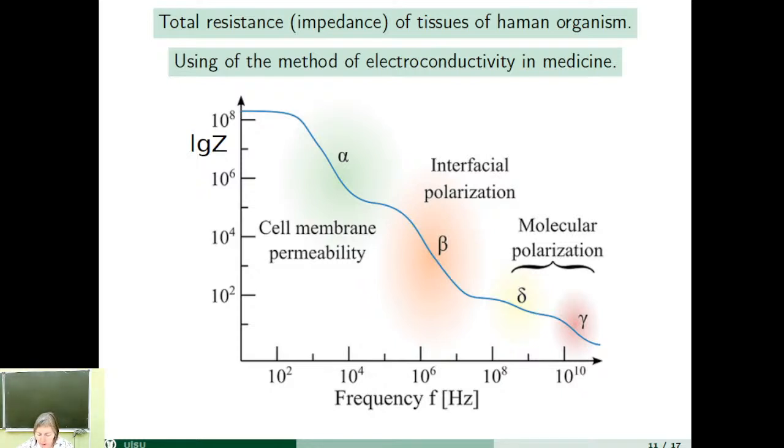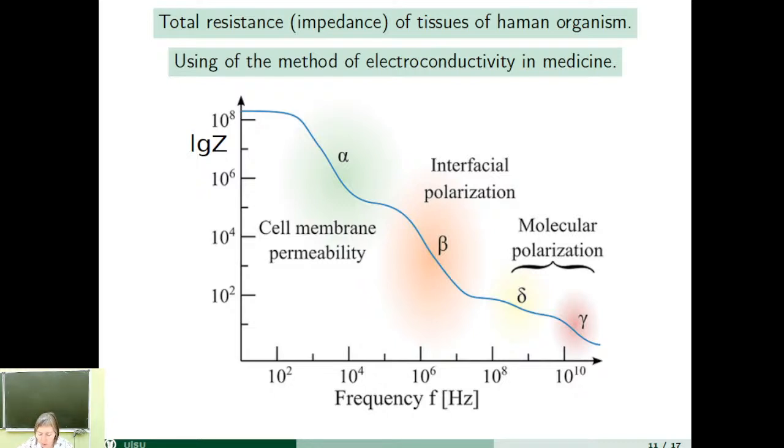First, a smoothly varying decrease of impedance with increase of frequency, and second, the presence of three areas of frequencies in which the deviation from a common course of dependence occurs. Z is not various there.